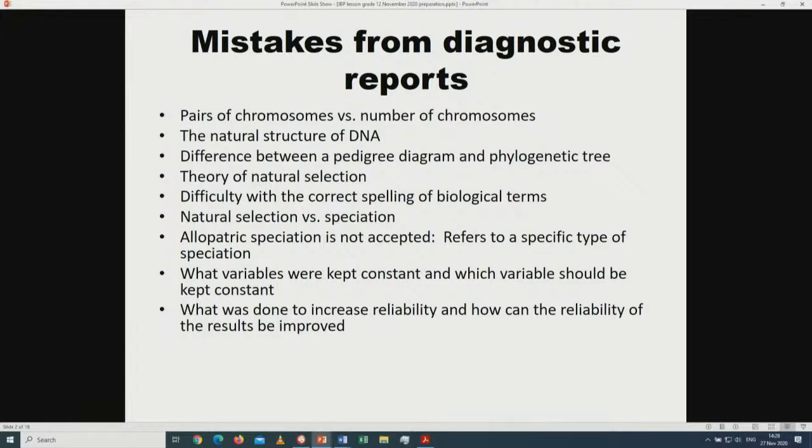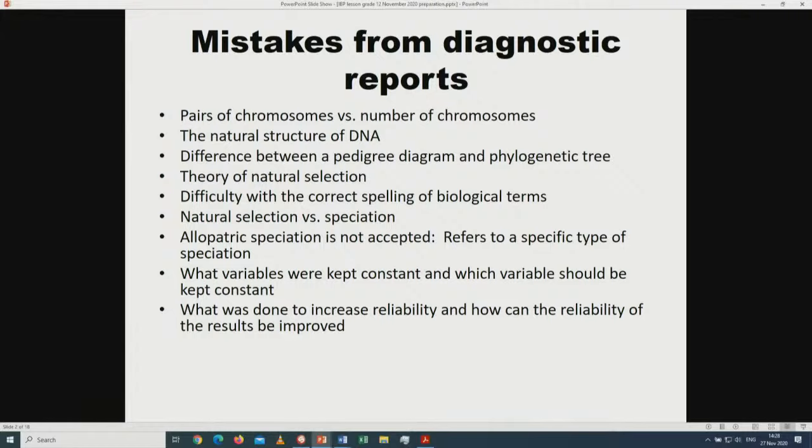In a question where speciation is asked through natural selection, many candidates write the theory of natural selection instead of writing the process of speciation, where new species are formed from the original one. Allopatric speciation is not accepted, as this one refers to a type of speciation. We only cover the general speciation through a geographical barrier.